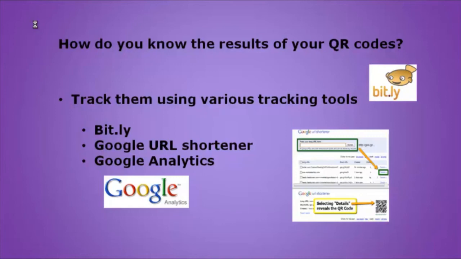When we used that shortener, it also has a tool that will start tracking each time the QR code is viewed by somebody, and it will keep track of that for you. Also, Google has a URL shortener which also will accomplish the same thing. And if you have Google Analytics on your website and people are directed to your website, it will absolutely do the same thing.